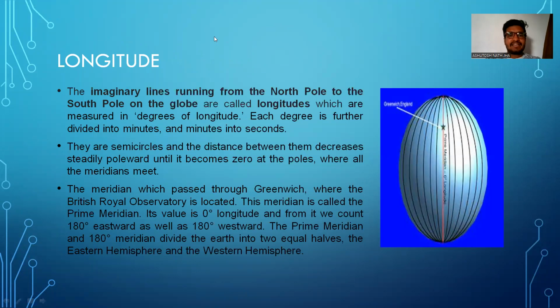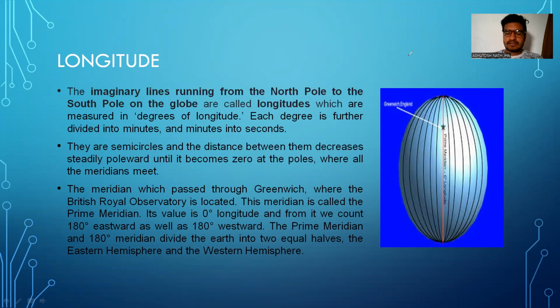Okay, so can anyone tell me what you understand by longitude, or what you mean by longitude? Yes, students, can anyone tell me? So we can say that longitude is a geographical coordinate that specifies the east-west position of a point on the Earth's surface or the surface of a celestial body.